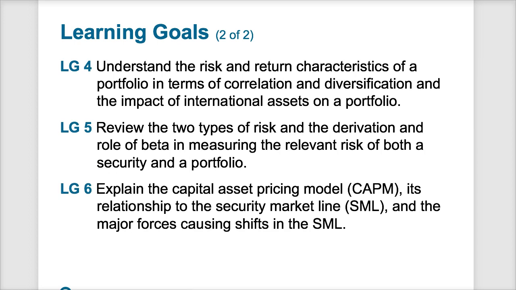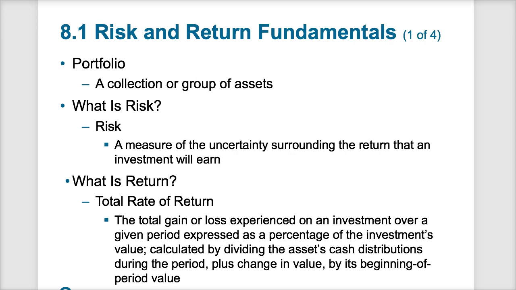We're also going to look at how these characteristics affect a portfolio in relationship to diversification and international assets. We're going to talk about beta and its role in measuring risk in a portfolio, and we're going to look at the capital asset pricing model, as well as the security market line.